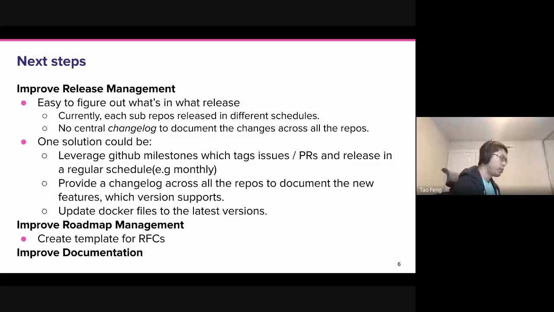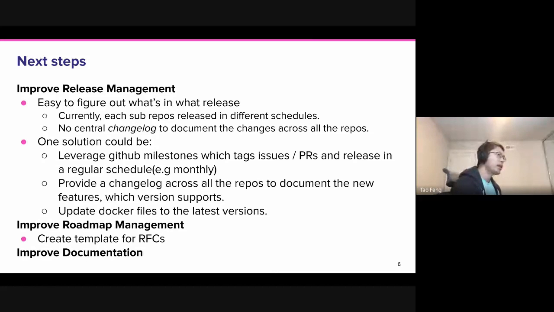Then after a regular cadence, for example 1 month or 2 months, we do a release in the central repo, and document a clear change log saying what the features are, including all the different repo versions, and then update the Docker file and make sure it is up to date.